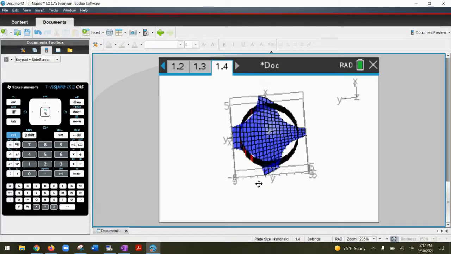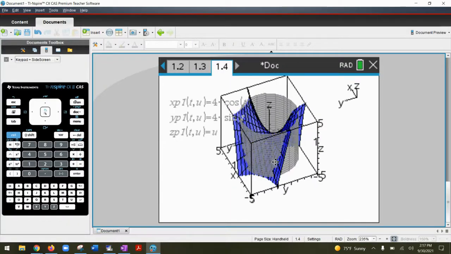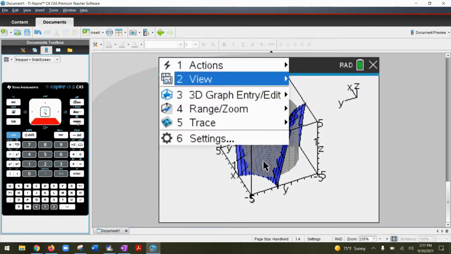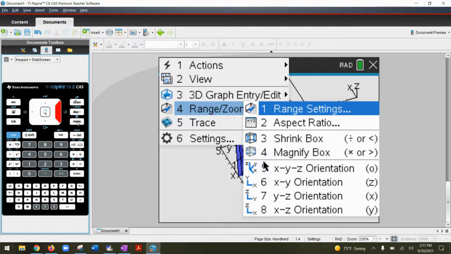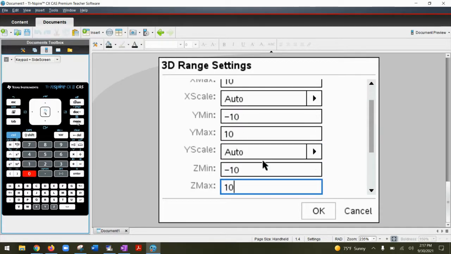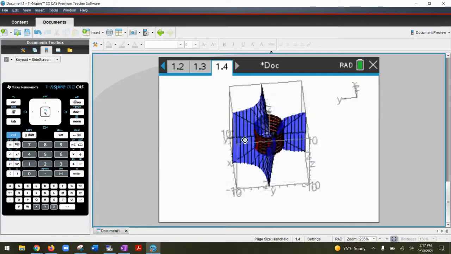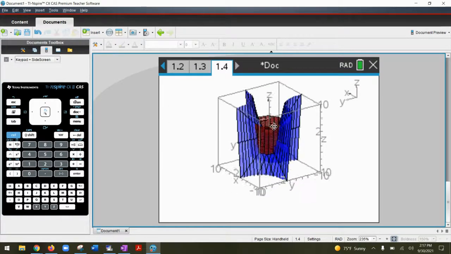And to parameterize this, I'm going to need to zoom out, don't I? So I can see more of it. So let's go out to -10 to 10, -10 to 10. There we go. Now when I actually put my curve on there, I should be able to see most of it.